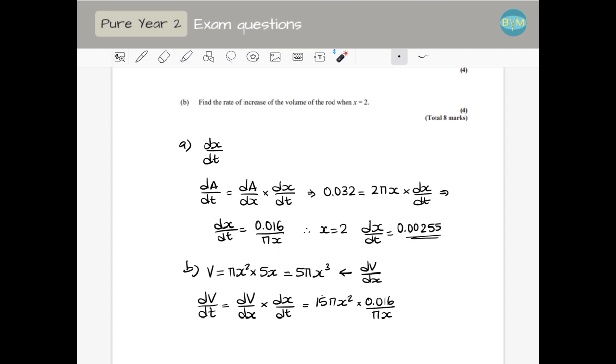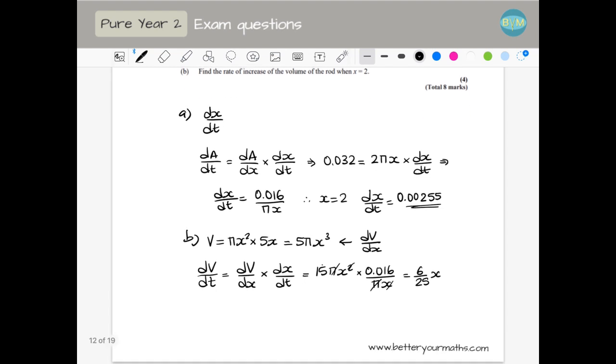We can just find this when x is 2 and then multiply by this number, but I have rounded, so I'm going to find the whole expression and then substitute at the end. Either way it could be correct if you keep the decimals in the calculator. So I can cancel, x squared with x, and I have 15 times 0.016, which is 6 over 25, times x.